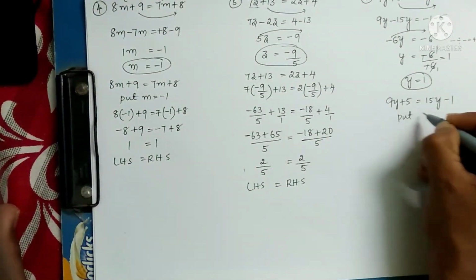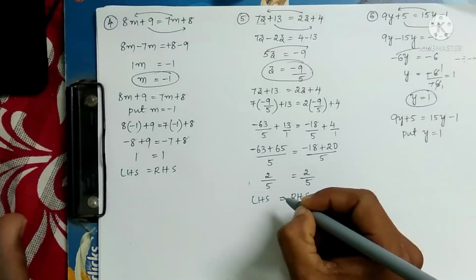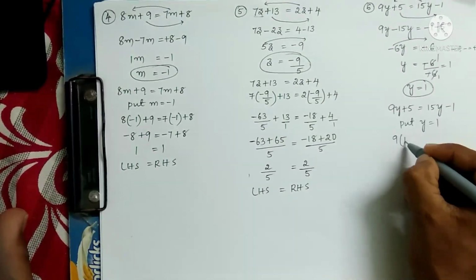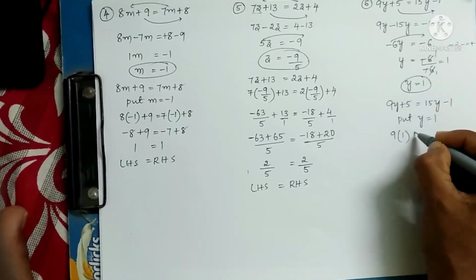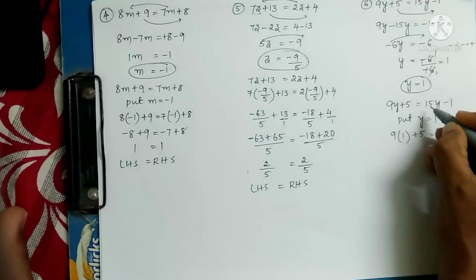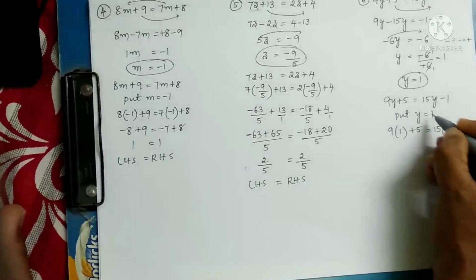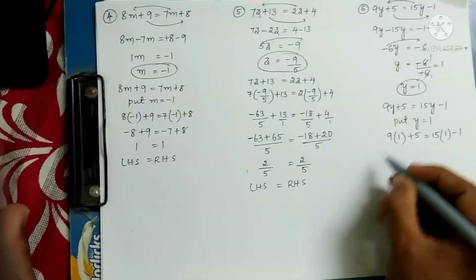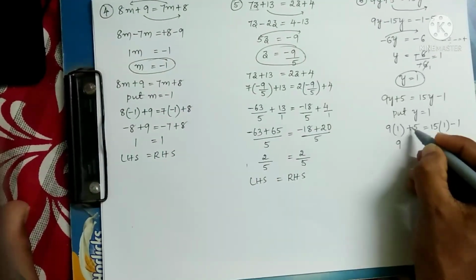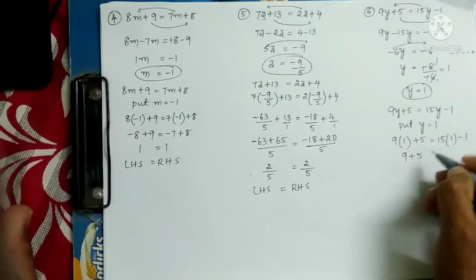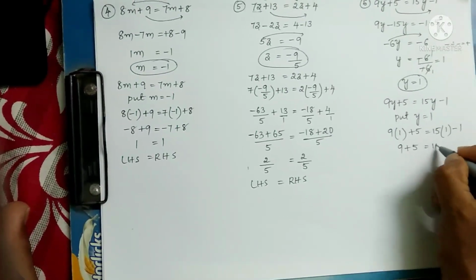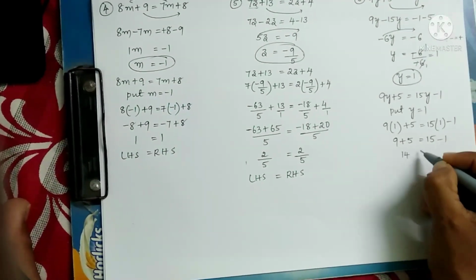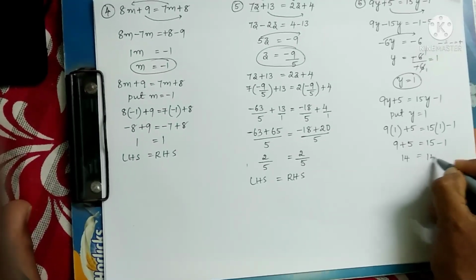So put y equal to 1. 9 into the value of y, which is 1, plus 5, as it is, is equal to 15 into the value of y, which is 1, minus 1. 9 ones are 9 plus 5, which is equal to 15 ones are 15 minus 1. 9 plus 5 is 14, which is equal to 15 minus 1, which is 14.